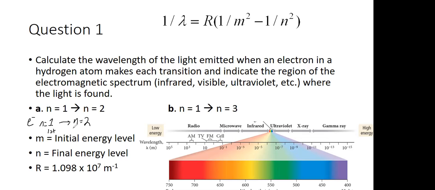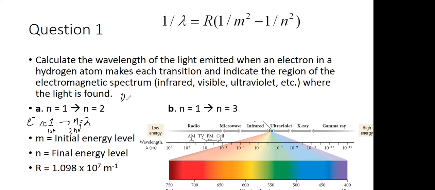First energy level, second energy level. And what we want to figure out is what type of light do we need to shine at this electron to make that happen? Because electrons absorb discrete amounts of energy.